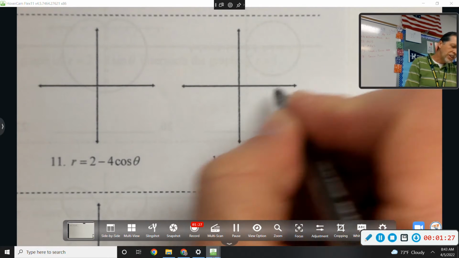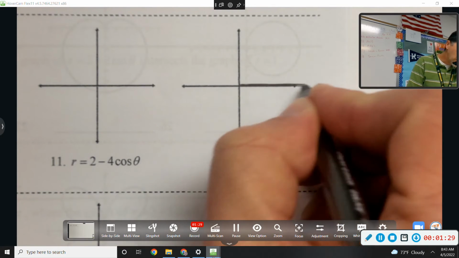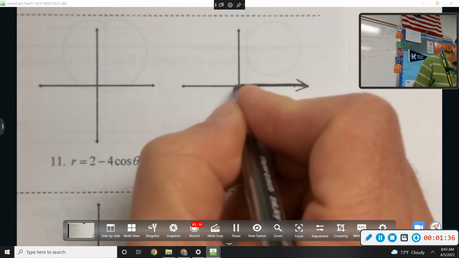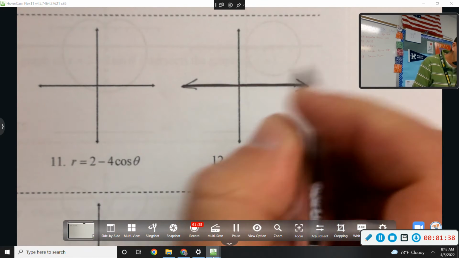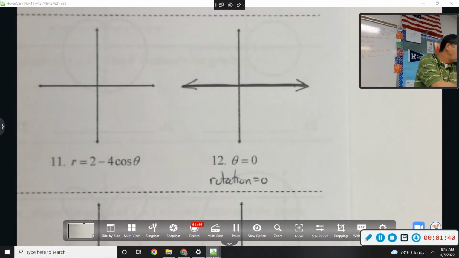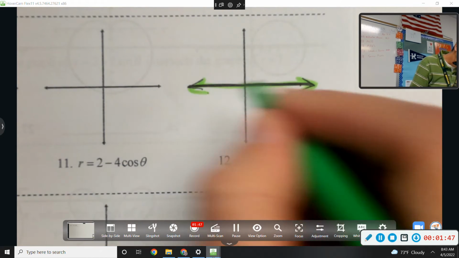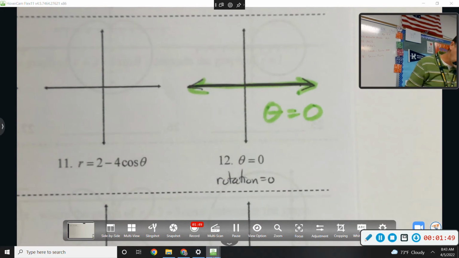So I rotate none at all, it puts me on the positive x-axis if r is positive. If r is negative, it puts me on the negative x-axis. That's a tricky graph to see since it's on the axis. No rotation.